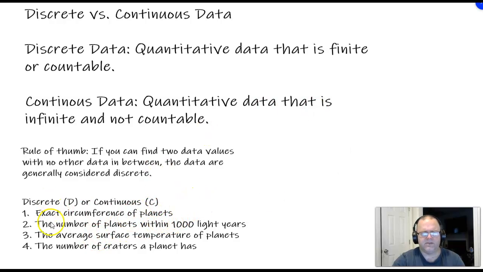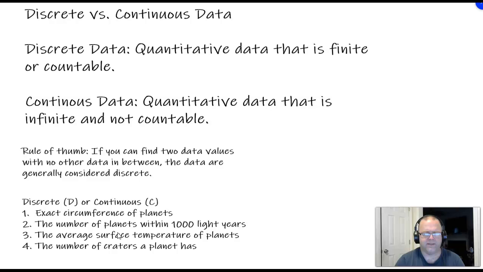All right, so let's go through this. The first one says the exact circumference of planets. So there's lots and lots of planets out there. I didn't specify in our solar system, so there's probably billions of planets that we even know about. So the exact circumference, that's the distance around the planet. Well, that's a measurement.